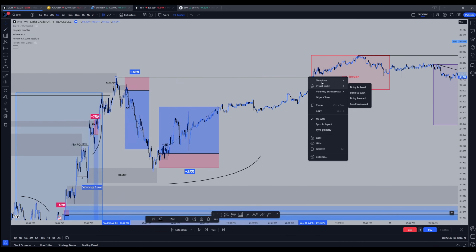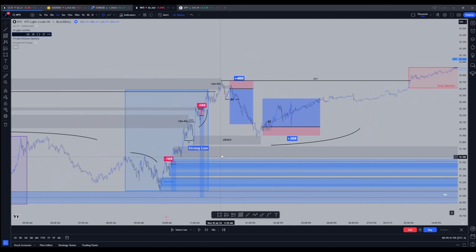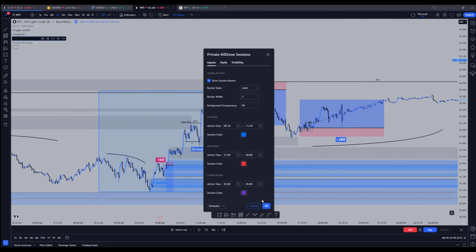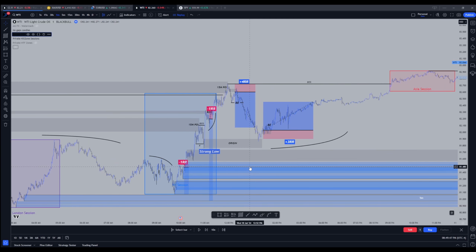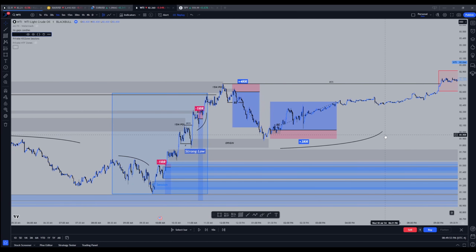This is another key thing I want you guys to write down. Look at the time here. We are outside of my kill zone session. Okay, we are outside the kill zone. So that's not ideal because price tends to not move as well outside of kill zone. But this is also an asset specific thing. I know how oil moves, and oil moves very volatile up until 2 p.m. That's the cutoff for volatility.